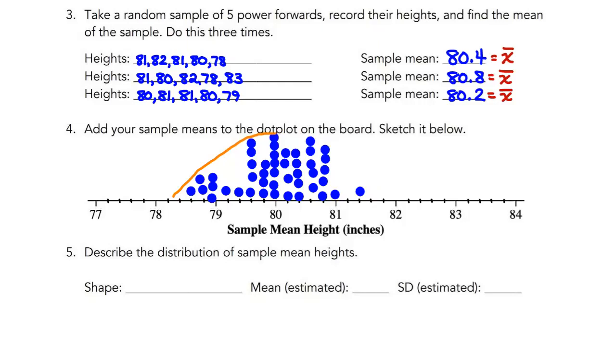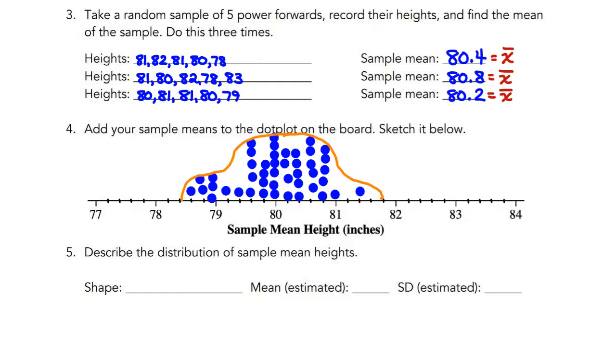It actually comes down a little bit quicker. Here it comes down and then out. Does it look like it's skewed? Not really. Does it have more than one big bump? No, so I wouldn't say that it's bimodal, it's unimodal.